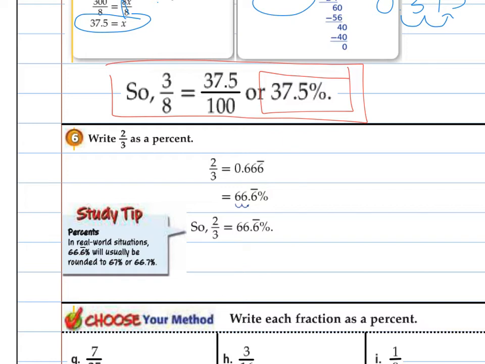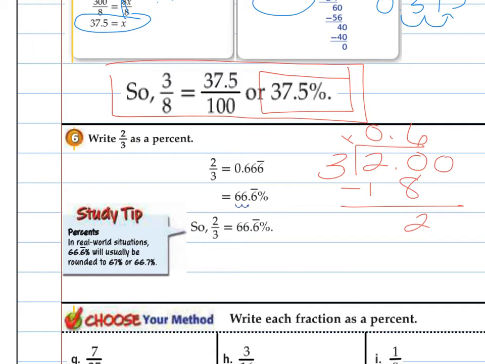So if I write 2/3 as a percent, as a decimal, I got this by doing 2 divided by 3. 3 goes into 2 0 times, but it goes into 20 6 times. 6 times 3 is 18, with 2 remaining, and we're going to keep bringing down zeros, but notice we're going to keep trying to go into 20.